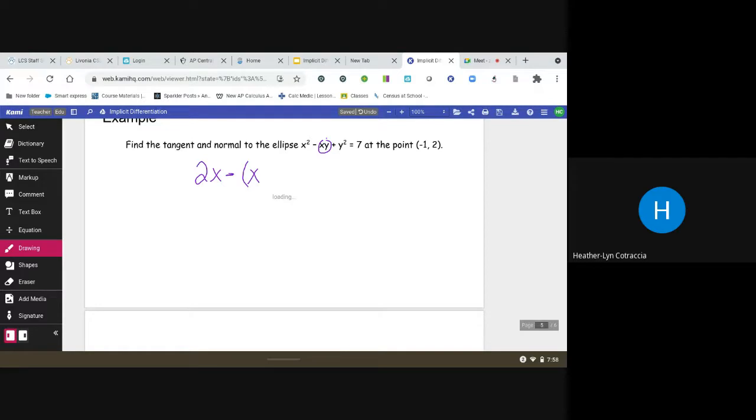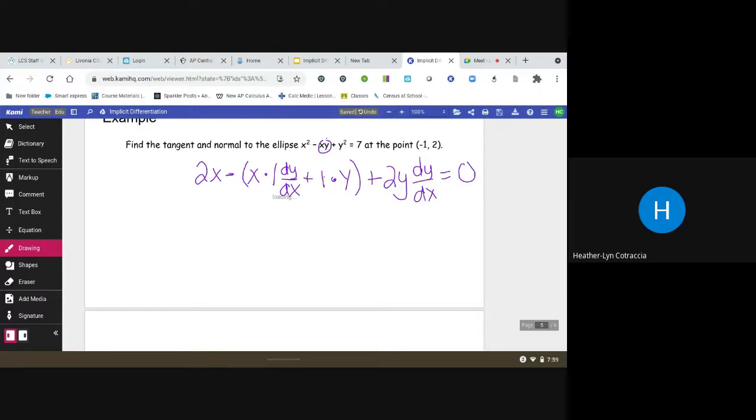The derivative of y is 1 dy/dx, plus the derivative of the first, x, times the second, which is just y. Okay, plus the derivative of y squared is 2y, with respect to x means I tack on a dy/dx, and the derivative of 7 is 0 because that's just a constant.